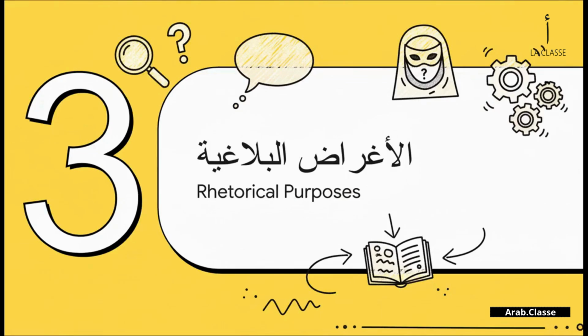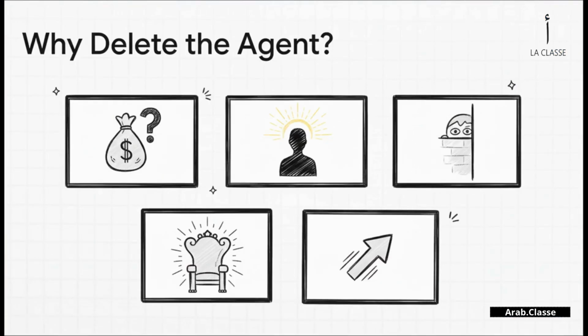All right, we've covered the what and the how. But now we get to the most important question of all. Why? Why would a writer or a speaker deliberately hide the agent? This isn't just about ticking grammatical boxes. This is about rhetoric, style, and meaning. This slide really just lays out the incredible power behind this choice. You might get rid of the agent simply because you don't know who they are, like in "the money was stolen."